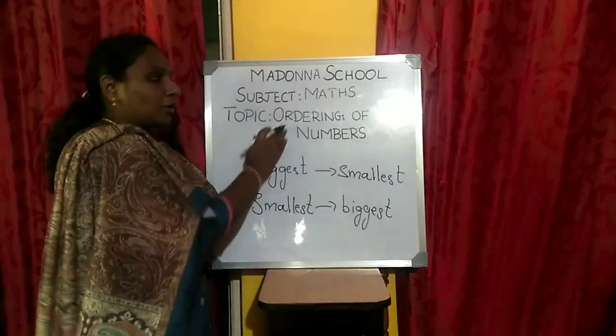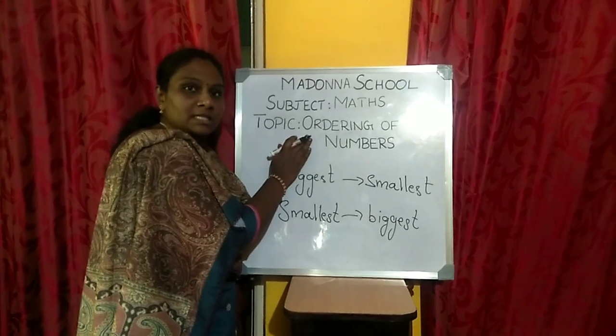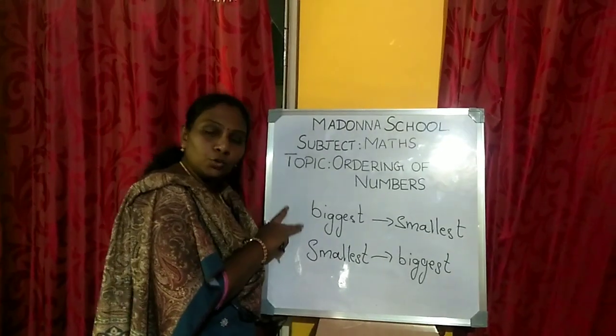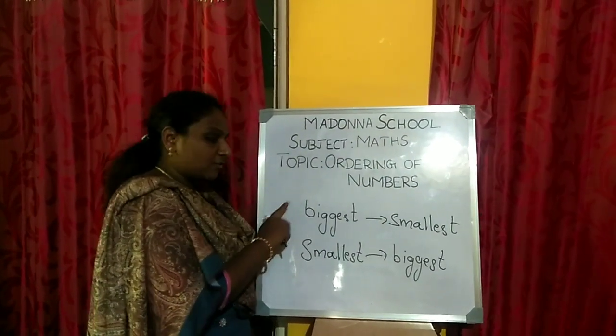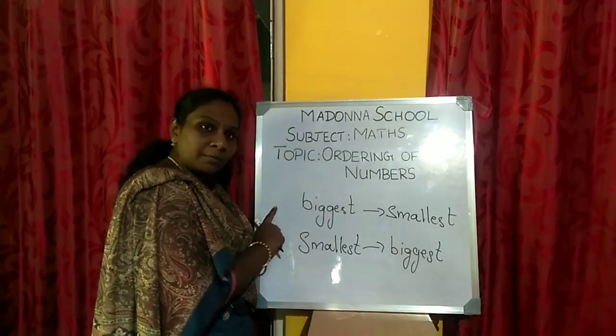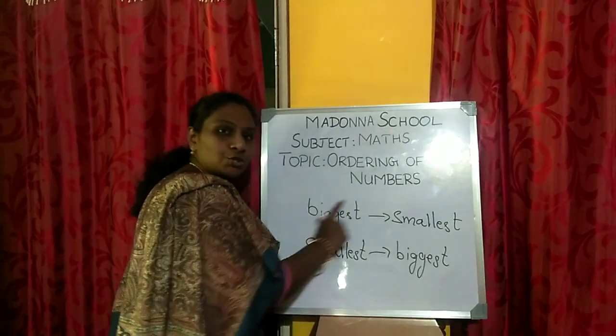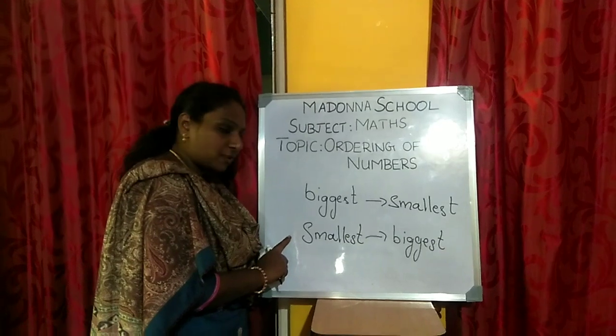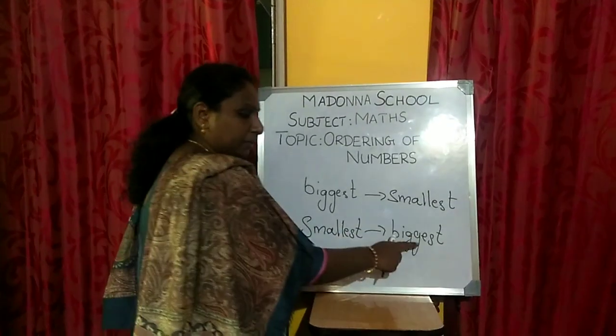Okay children, ordering means what? Ordering means arranging the numbers one by one, and there are two ways: from biggest to smallest, and from smallest to biggest.